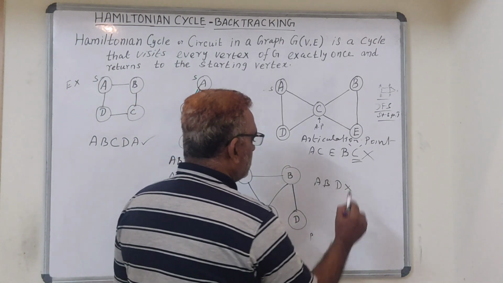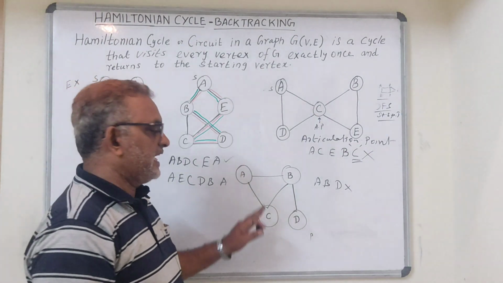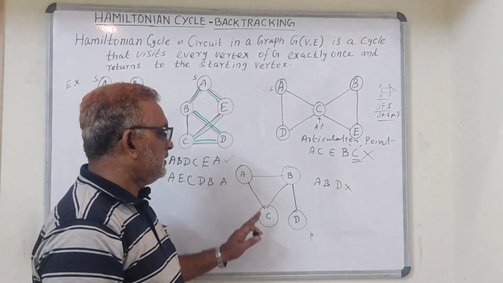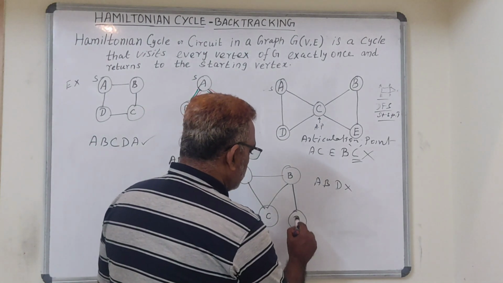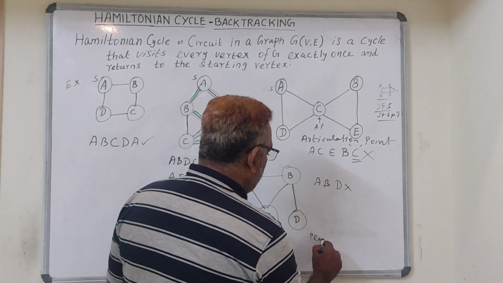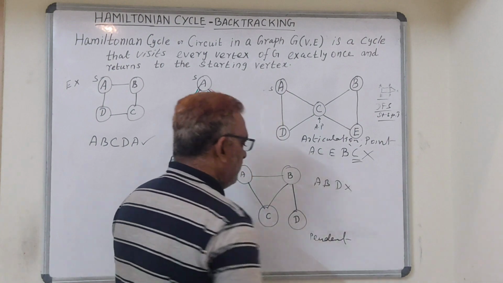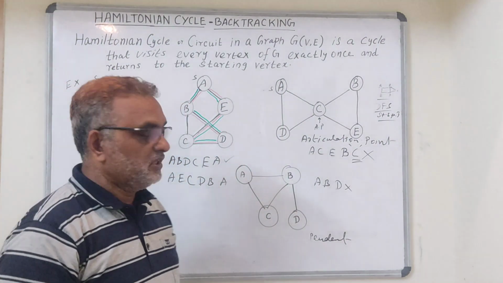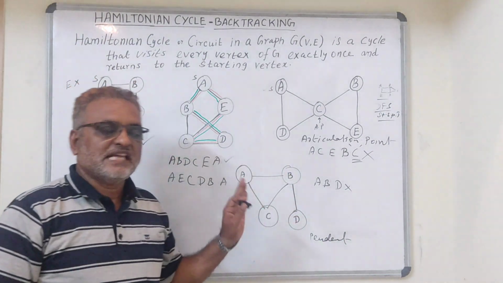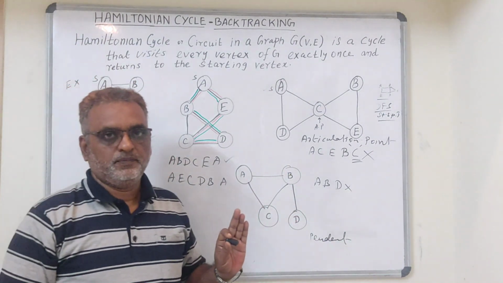You cannot proceed further. So a Hamiltonian cycle is not possible in such types of graphs. This particular vertex, the D vertex, is called a pendant vertex. So a graph with a pendant vertex is one in which a Hamiltonian cycle is not possible.